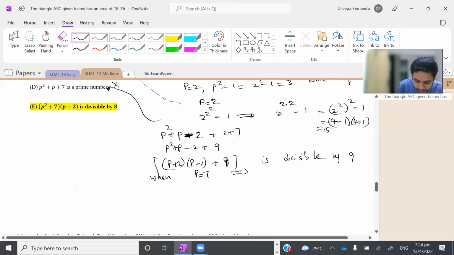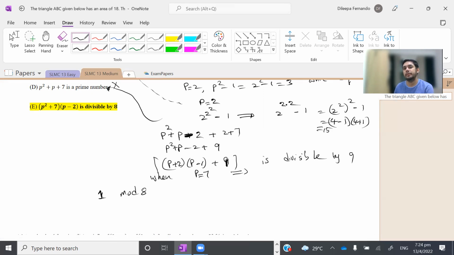Okay, now let's see what are the possible modular classes mod 8 for any prime. So 1 mod 8, can it be a prime? Yes, 1 mod 8 can be a prime.